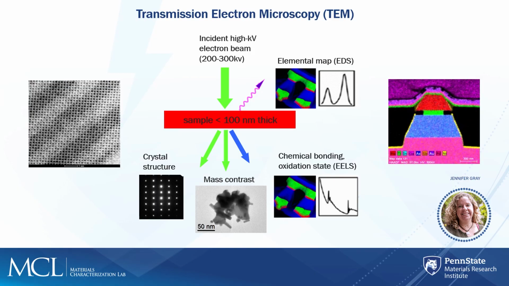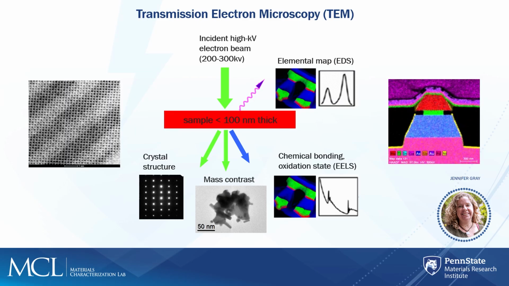We can also look at the electrons that have lost energy to the sample, and that is called EELS, or electron energy loss spectroscopy, and that can tell us about the oxidation state of the sample or the chemical bonding, which will be information that's kind of analogous to what you would get in XPS.